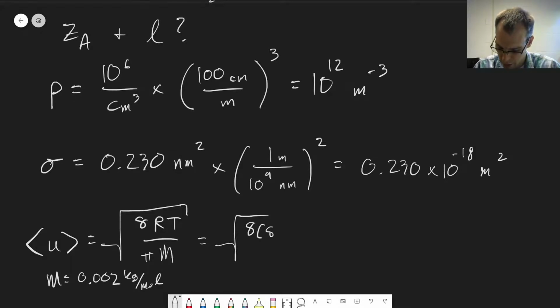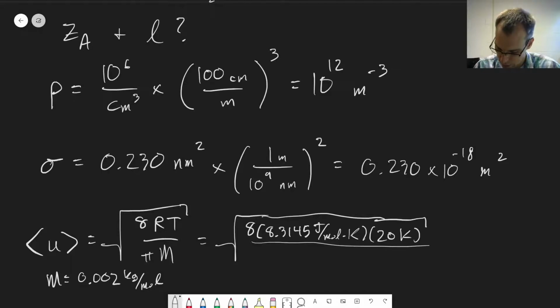So 8 times our value of R, we're going to use the version with joules per mole Kelvin so that all of our units will cancel. We're at 20 Kelvin, was the temperature we were given. Pi is pi, and 0.002 kilograms per mole.